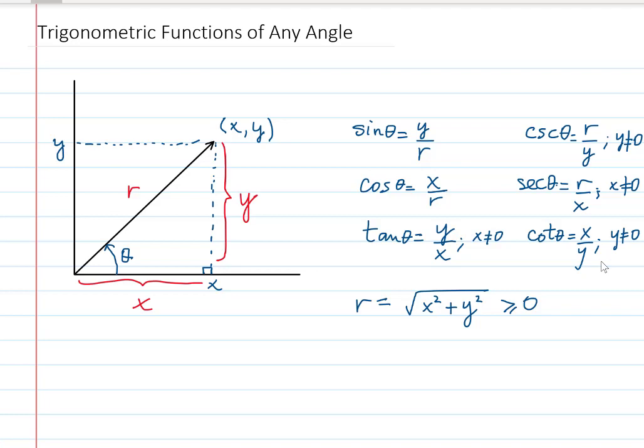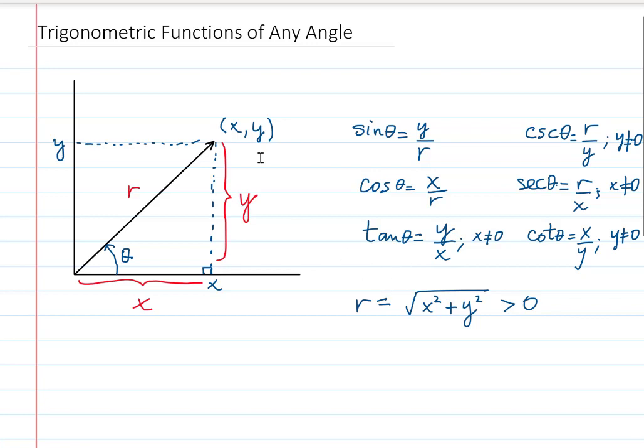So we can assume for our purposes that it will always be greater than 0. This is how you find r. It's basically just a distance formula, if you remember that. If not, here's the formula on how to find r.